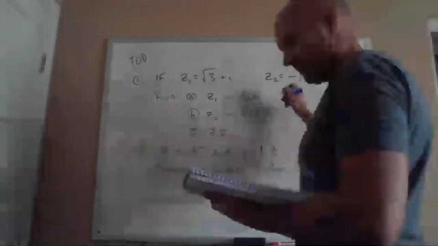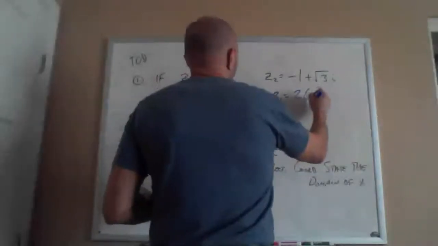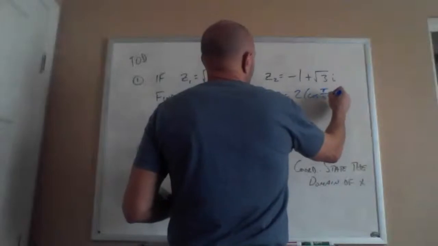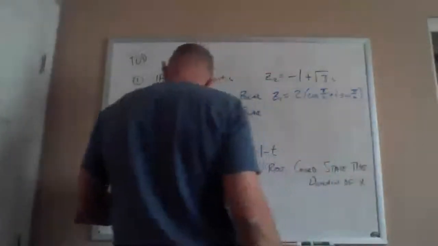So for the first one, you should get z1 equal to 2 times cosine of pi over 6 plus i sine of pi over 6.